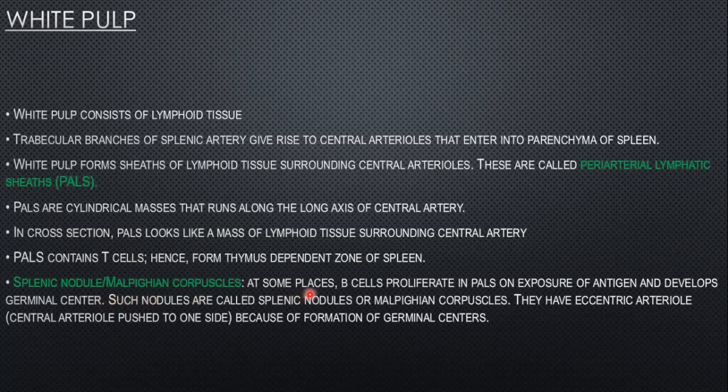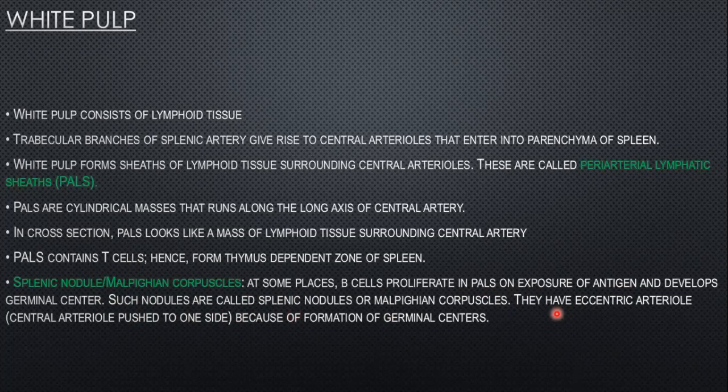At some places, B lymphocytes proliferate within the periarterial lymphatic sheath on exposure to antigen, and once they proliferate, they form a germinal center. Such nodules are called the splenic nodules or the Malpighian corpuscles.